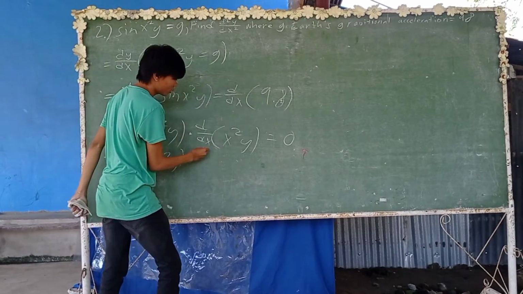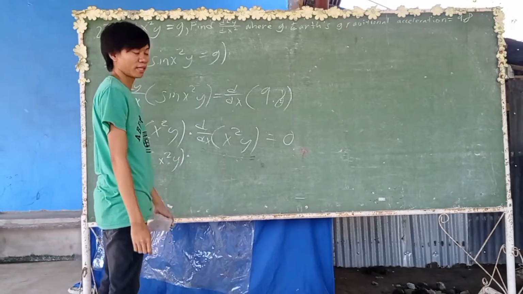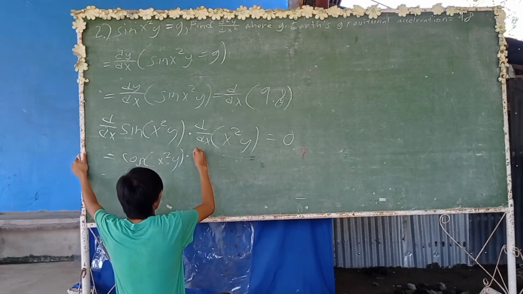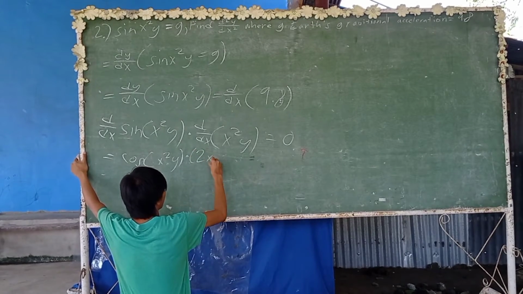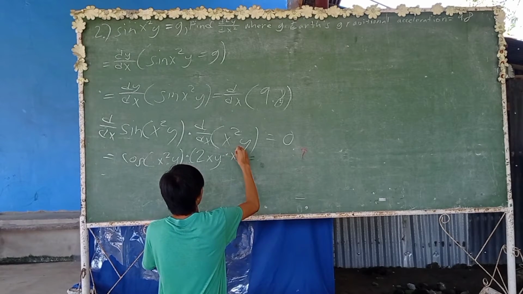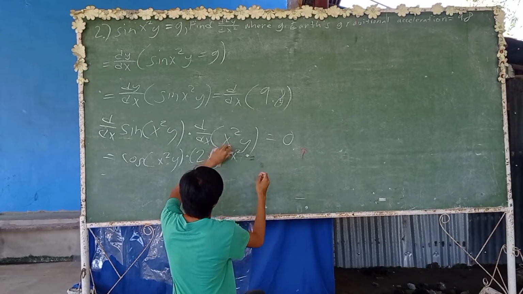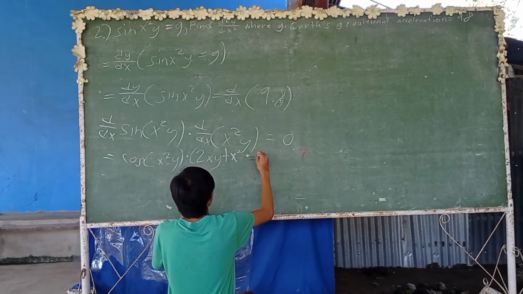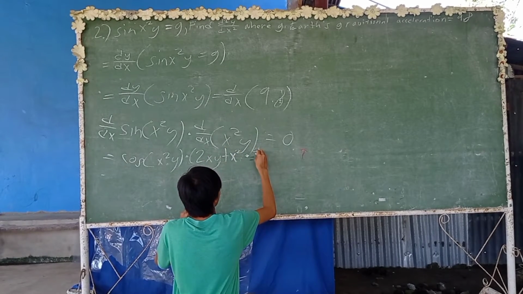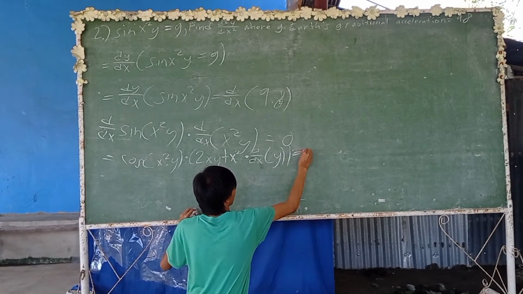Then in this problem we use implicit differentiation. So 2xy times x squared plus x squared times d over dx of y is equal to 0.